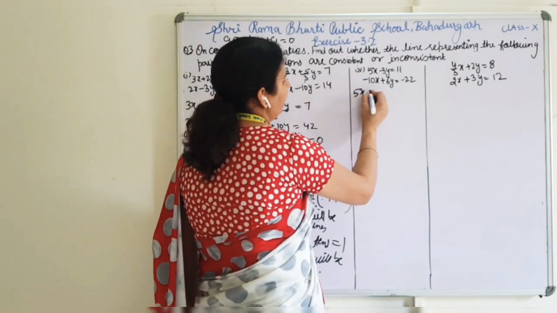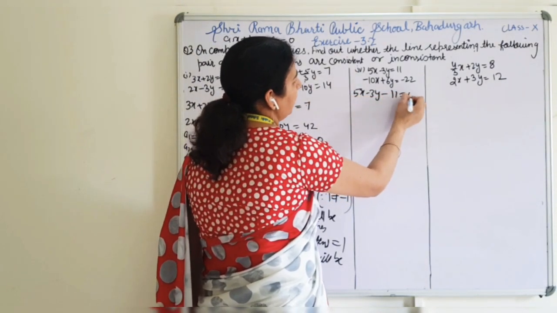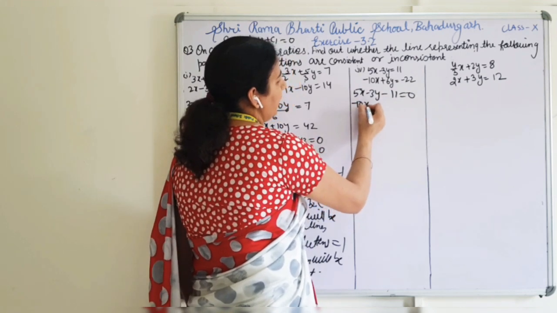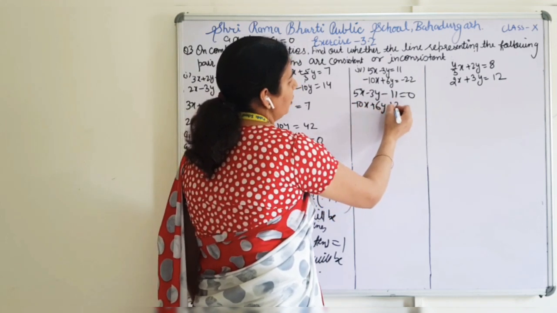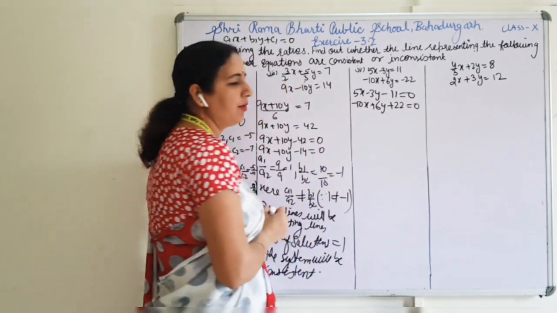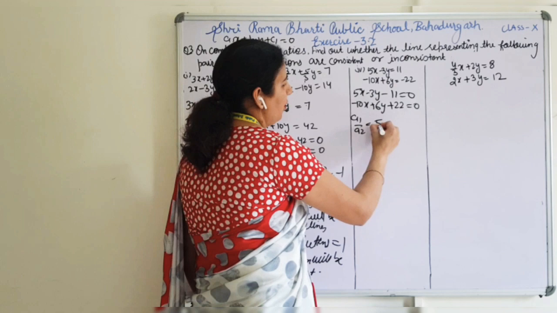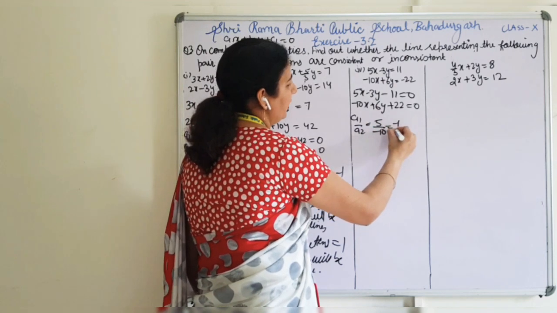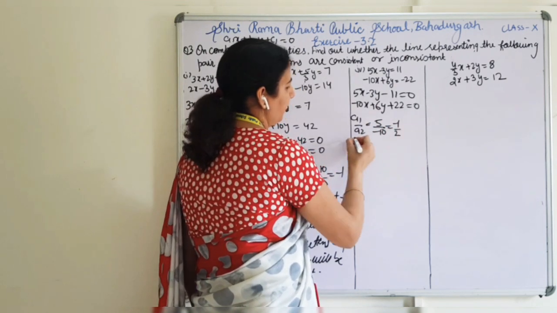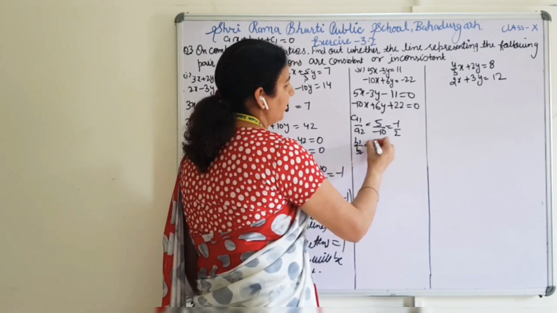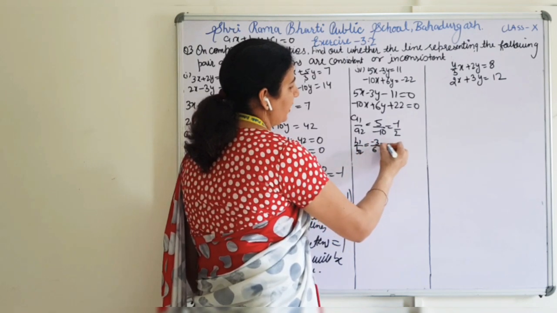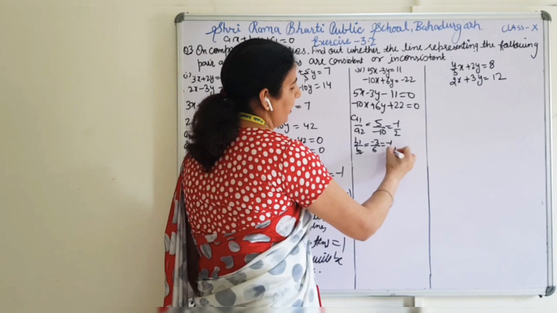Fourth part: 5x minus 3y minus 11 is equal to 0, and minus 10x plus 6y plus 22 is equal to 0. Reduce in the standard form. A1 upon A2 is equal to 5 upon minus 10, that is minus 1 upon 2. B1 upon B2 is minus 3 upon 6, that is also minus 1 upon 2.